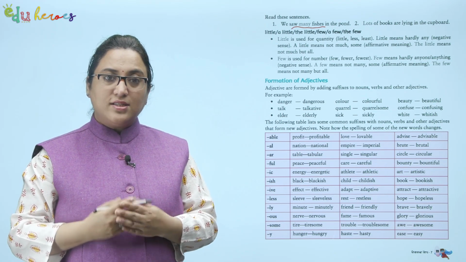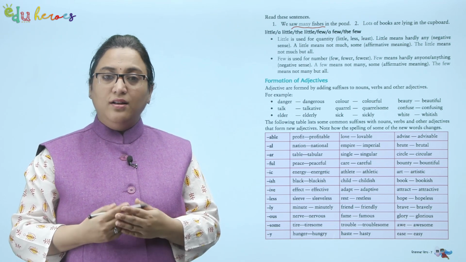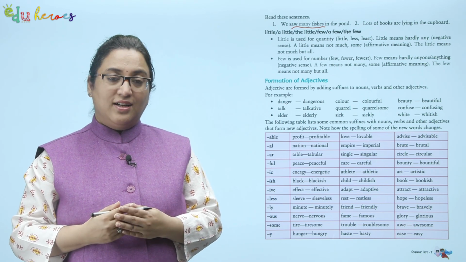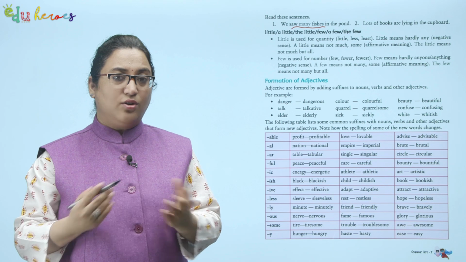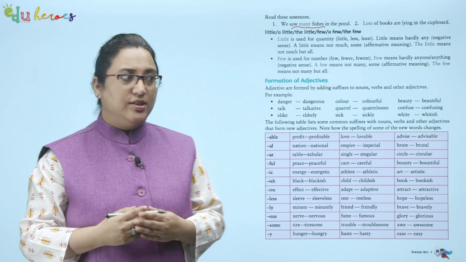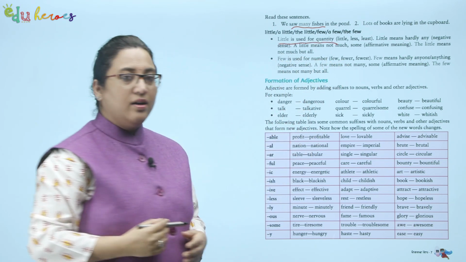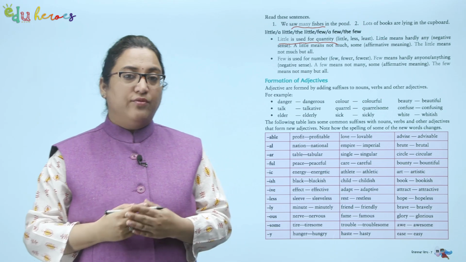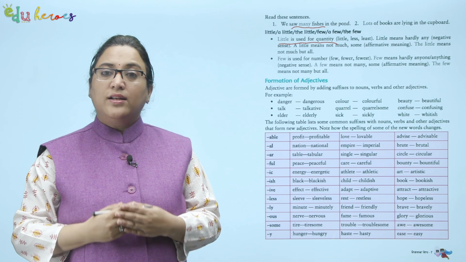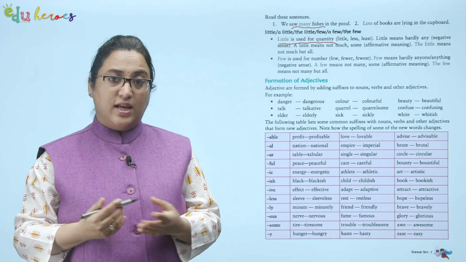We have another list. Little, a little, the little, few, a few, the few. There is a slight difference here amongst all of them. Little is used for quantity. And you can replace them with different degrees also, like little, less and least. Little means hardly any, in the negative sense.